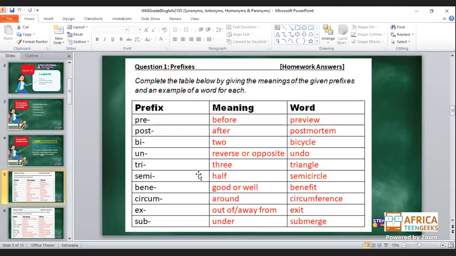Remember, question 1 was about prefixes, where you had to complete the table. There are the solutions to that homework of yesterday. I would love for you to take a screenshot of this so that you can see what you did right, what you did wrong. And if you still have a question, you can ask quickly before we start with the lesson of the day.